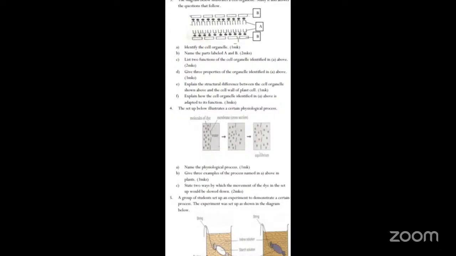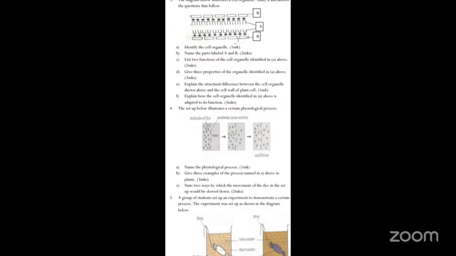And then we said molecules can move faster or slowly from one region to another, depending on some factors that we mentioned. Those factors, let me remind you, are temperature, thickness of the membrane, surface area to volume ratio, the medium, all those factors.